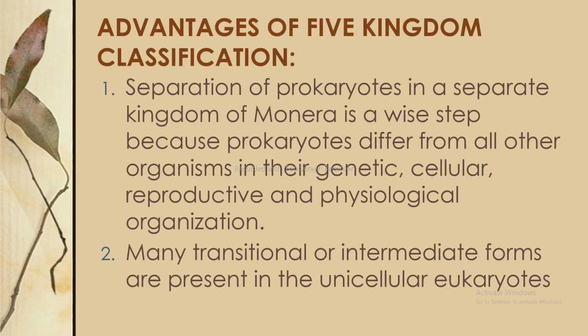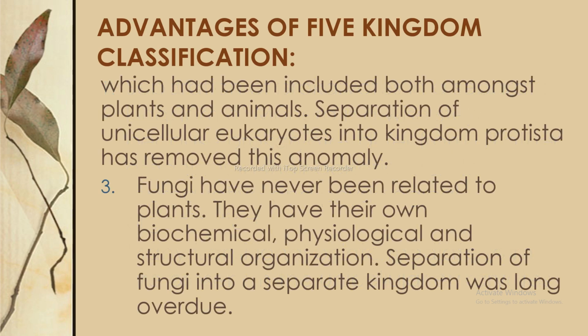And advantages of the five kingdom classification: separation of prokaryotes in a separate kingdom of Monera is a wise step because prokaryotes differ from all other organisms in their genetic, cellular, reproductive and physiological organization. Many transitional and intermediate forms are present in the unicellular eukaryotes, which had been included both amongst plants and animals.